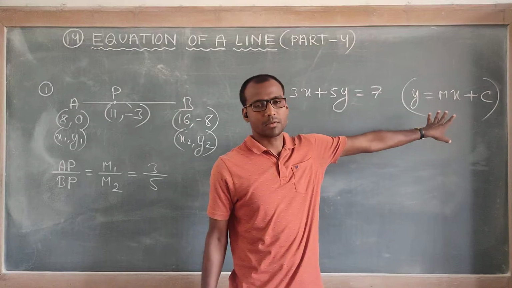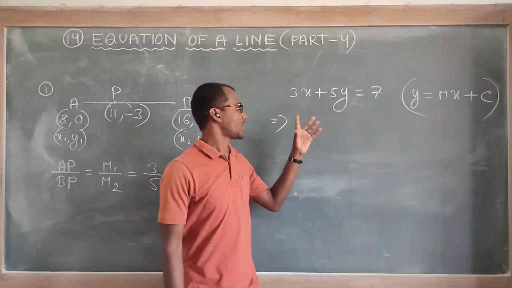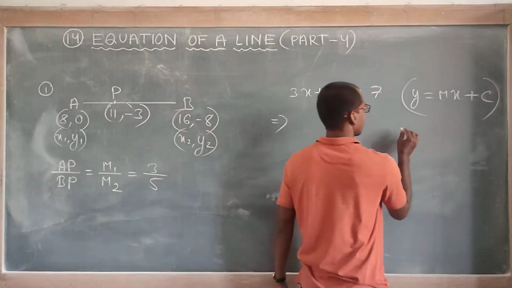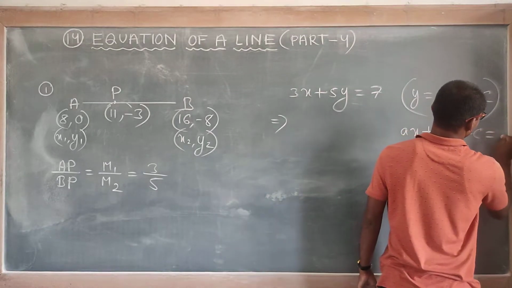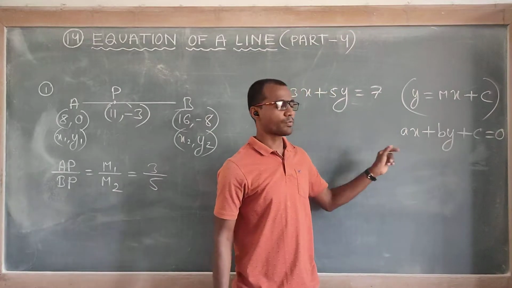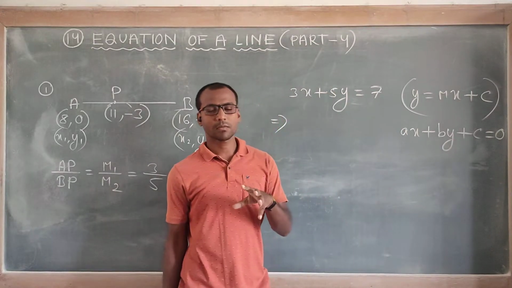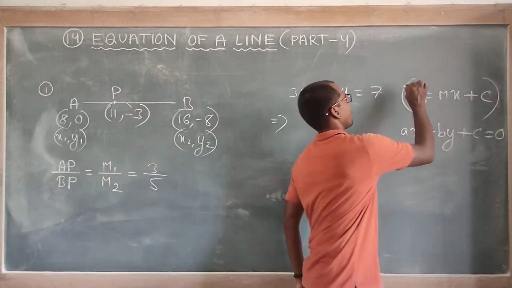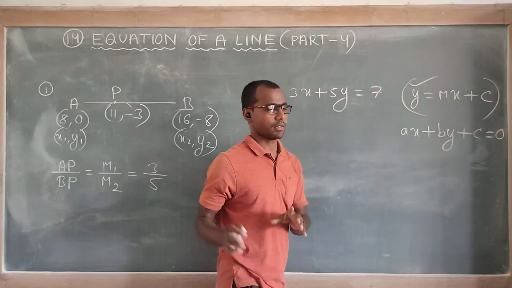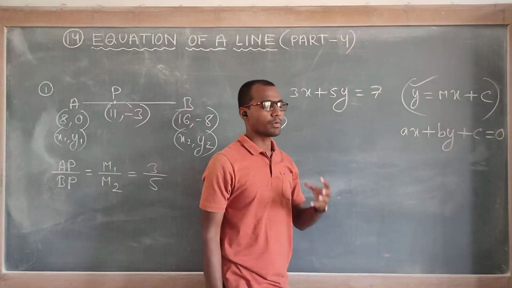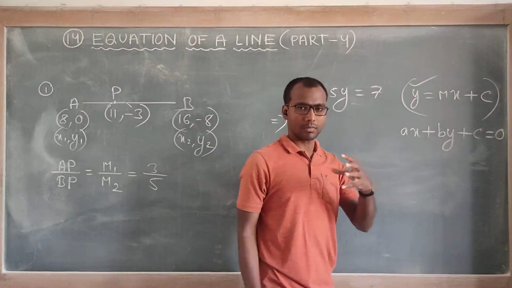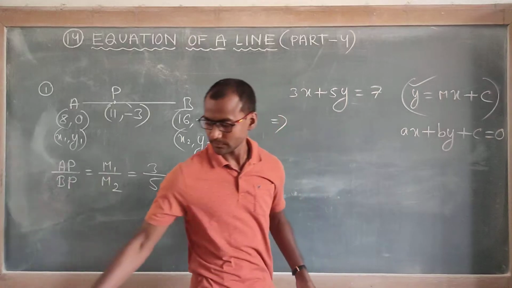The form ax plus by plus c equal to 0 looks beautiful, but it doesn't give us any information. And this form gives us all the information, about the slope and the y-intercept. So whenever you need information, bring the equation to this form.